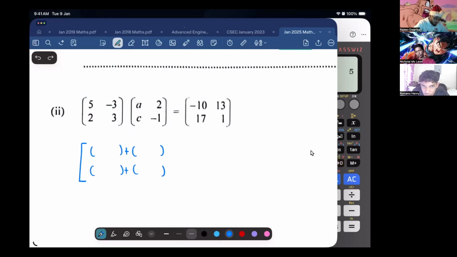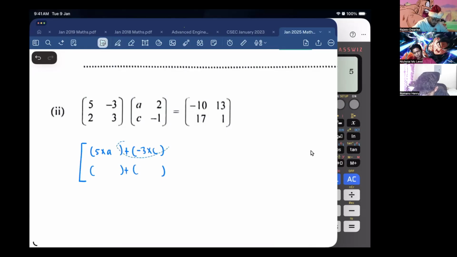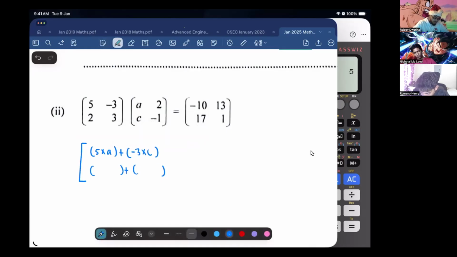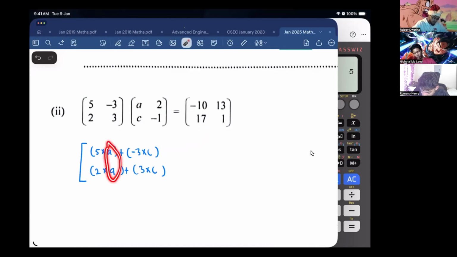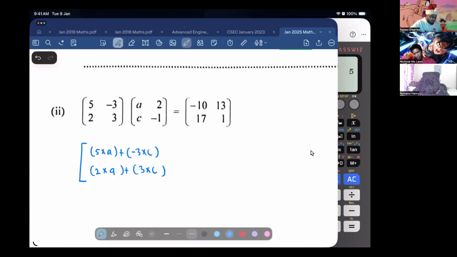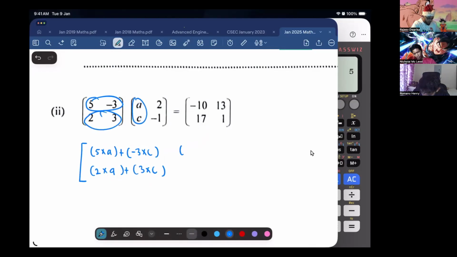Okay, so 5 by A, plus -3 by C. And for the other one, it will be 2 by A and 3 by C. Remember, I did show you a hack. If you were doing it correctly, it's supposed to line up. So we multiply this by this, and we multiply this, this.